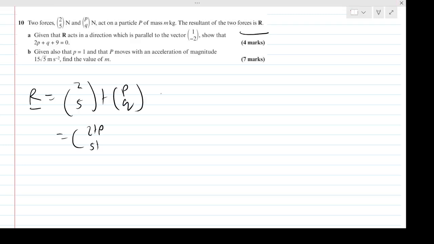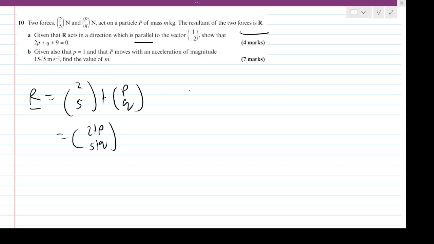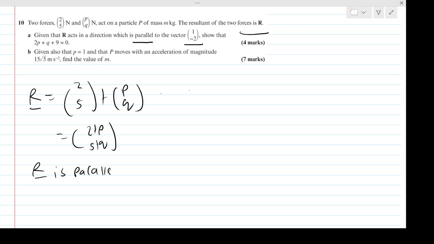Now I'm told that this vector r is basically parallel to this vector here, 1 minus 2. Remember, if two vectors are parallel, that means they are multiples of each other.